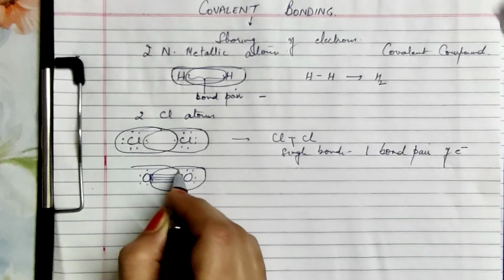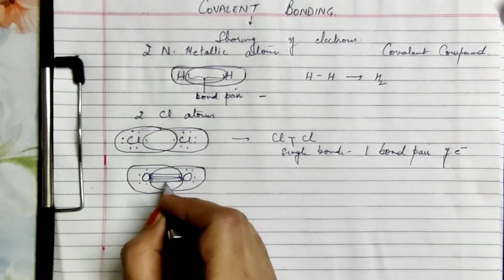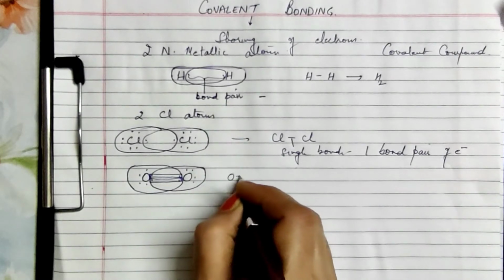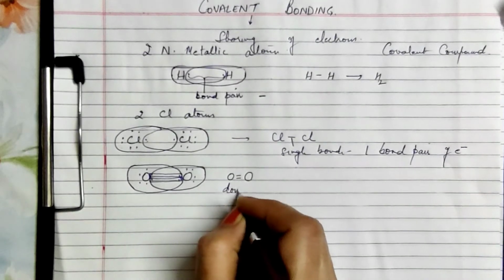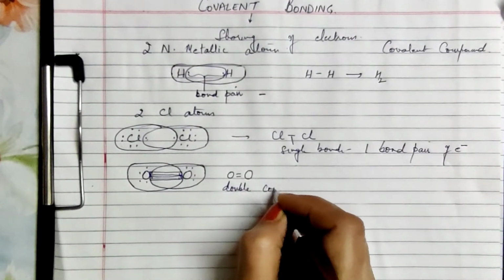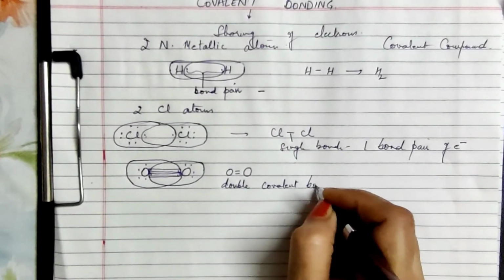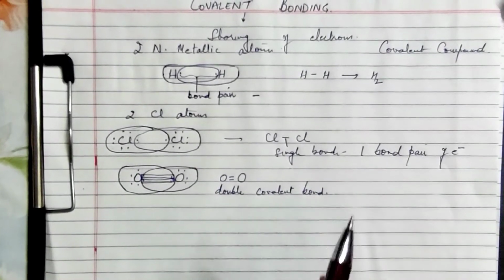This oxygen also becomes stable, and since there are two pairs of electrons being shared, we represent it by two hyphens indicating a double bond. It is known as a double covalent bond. Covalent means the bond which is formed by sharing. This is an example where a double covalent bond is formed.